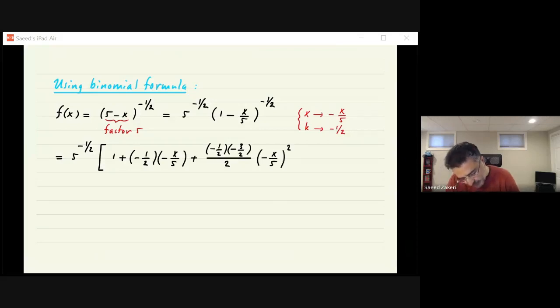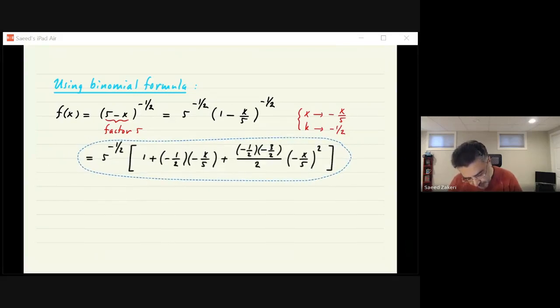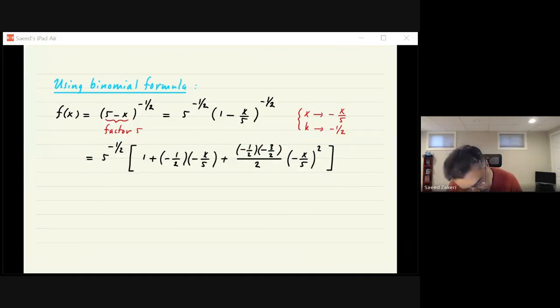And then I'm not going to bother with the cubic term or the x to the 4th term, because my goal is to write the second Taylor polynomial, which means I have to stop at the quadratic term. So that's T2, because I stopped at the quadratic term. Now let's clean up.